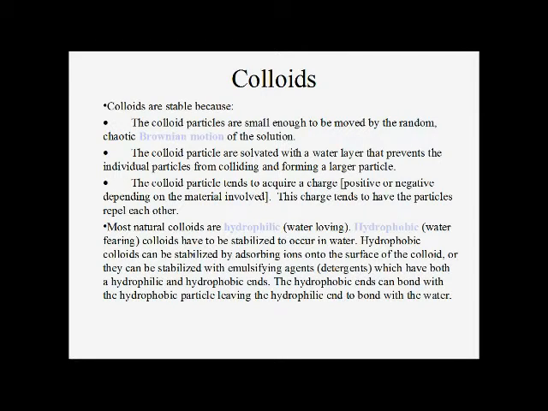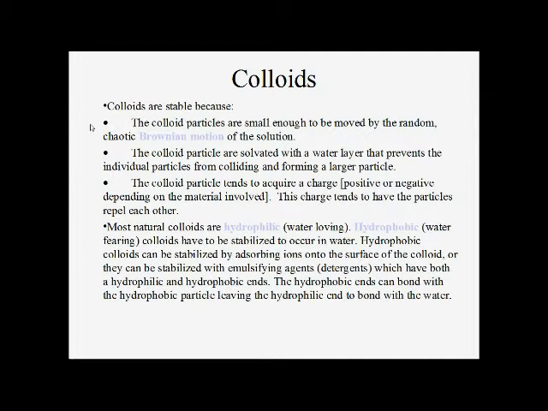The colloids are stable because of the standard motion of fluid materials such as gases or liquids. That random motion is called Brownian motion, and that motion is able to keep the colloidal particles in suspension. So they move the colloidal particles.